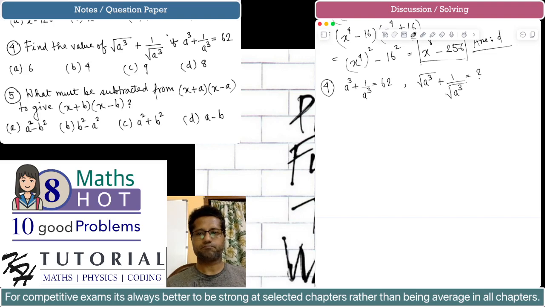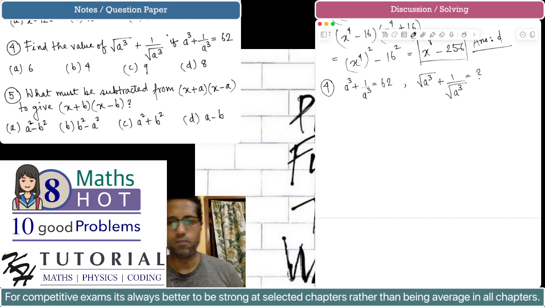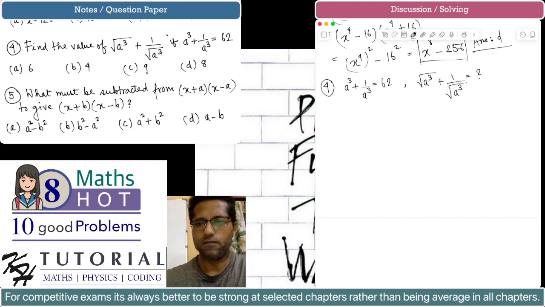Now, as you can see, for a cube and 1 by a cube, the power cube does not matter. What we actually have to find is the square root of a cube. If you notice, the power cube is not really coming into play, it will not be used.